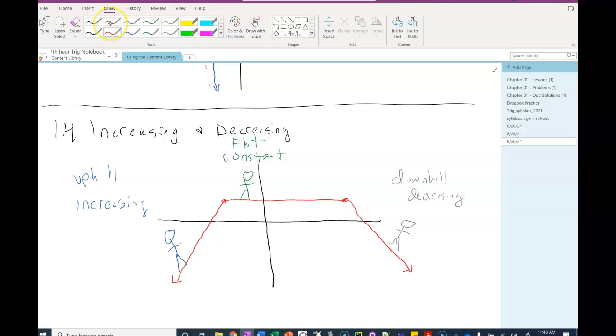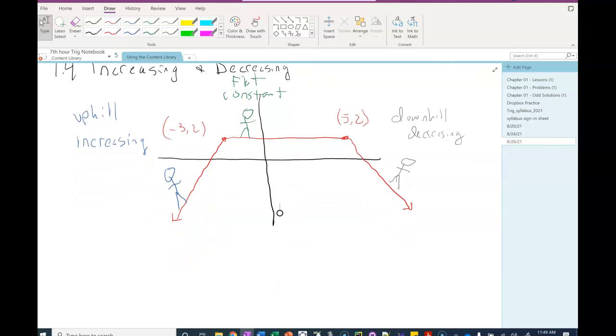Let's add in some points here and describe these intervals using our interval notation. So let's call this first point (-3, 2), and I'll call this one (5, 2). When we describe an interval that's increasing or decreasing or constant, we're always talking about the x-coordinates.